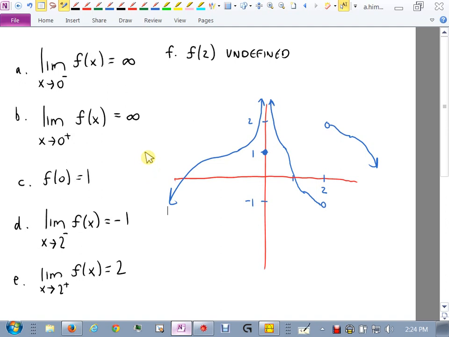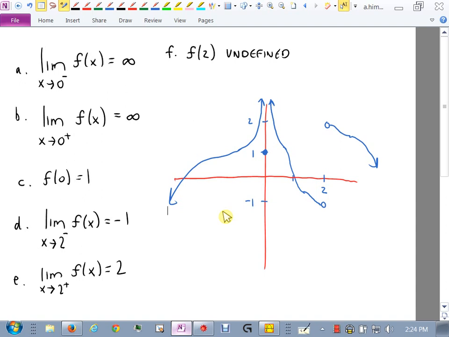And it doesn't really matter how you draw the rest of the pieces, as long as it still satisfies the conditions. So that's one variation of an answer. Everyone should have different looking graphs on these, but they should all at least satisfy these conditions. So you need to connect them.